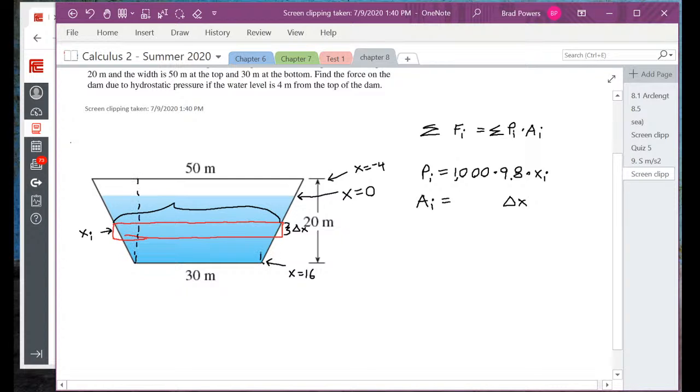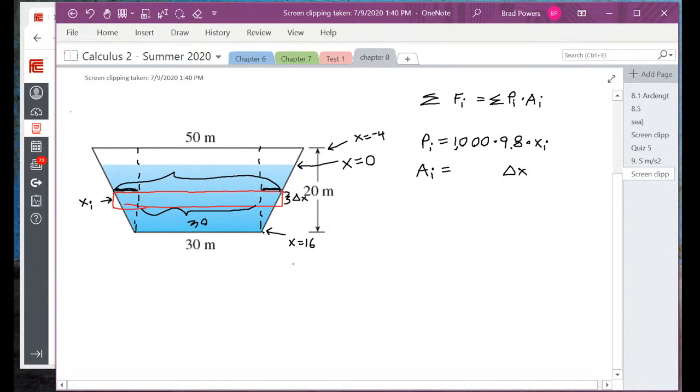It's going to be 30, because this right here is always there. It's 30 plus 2 times whatever this length is right here and right here. And that's the hard part. So really, this kind of problem, the hardest part, a lot like with the work problems, some of them anyway, is just the algebra and just figuring out these little things.